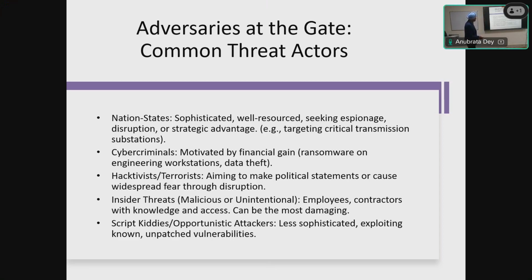Those are basically less sophisticated actors. They exploit the known unpatched vulnerabilities. They are not very sophisticated criminals. For example, the unpatched vulnerabilities are known, and if you didn't patch it, obviously then it's open for criminals, right?